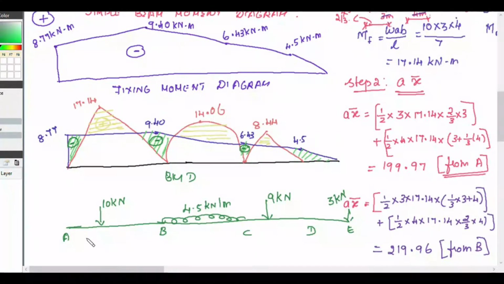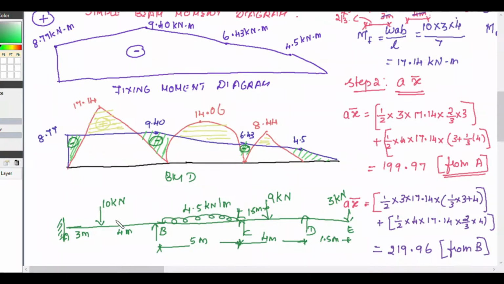A is a fixed support, and the others are roller supports. The distances are 3 meter, 4 meter, so totally 5 meters here, 4 meter here, this is 1.5 meter, this is 1.5 meter.